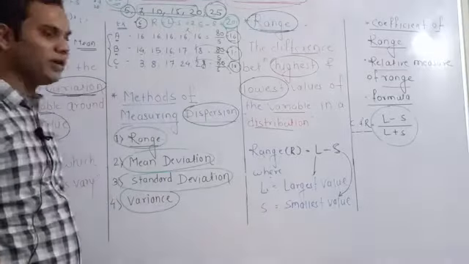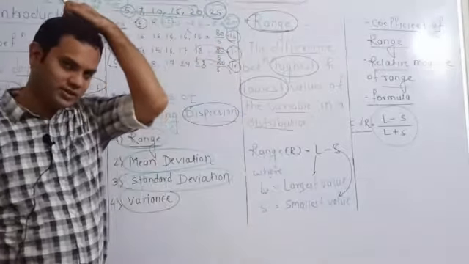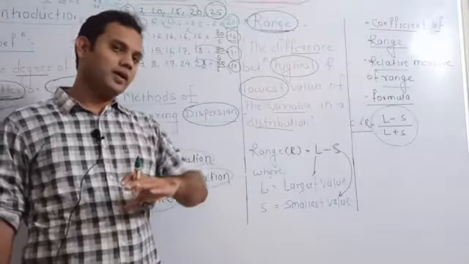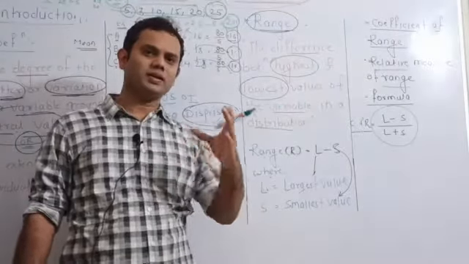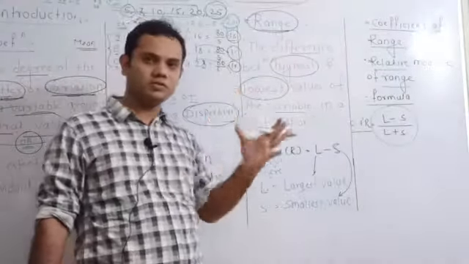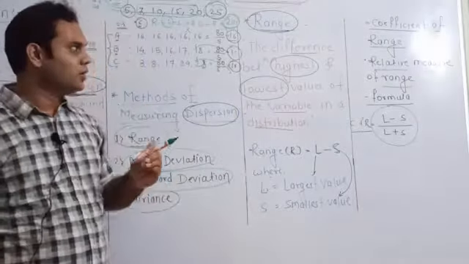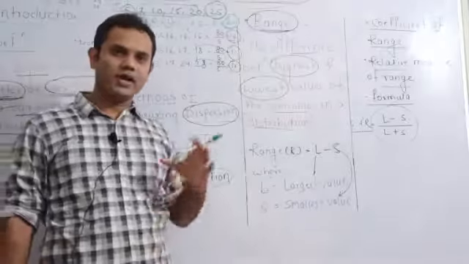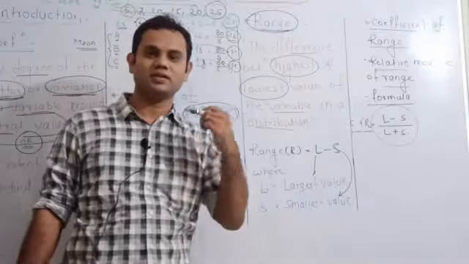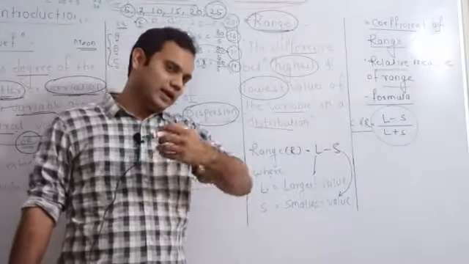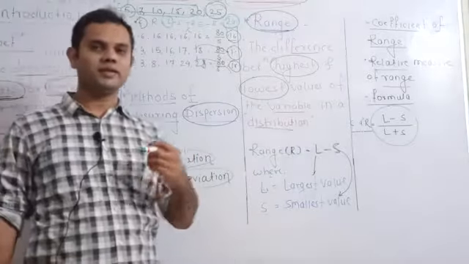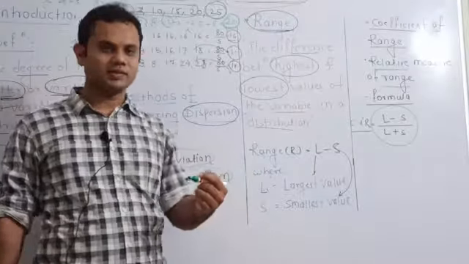Now if we see the merits and demerits of range, range is very easy to calculate. It is a very preliminary measure, but it is not used so much in statistics because it gives you only a preliminary idea. In this lecture we have seen the measure of dispersion as an advanced statistical measure, because of the inadequacy of measures of central tendency to represent a given data set correctly.